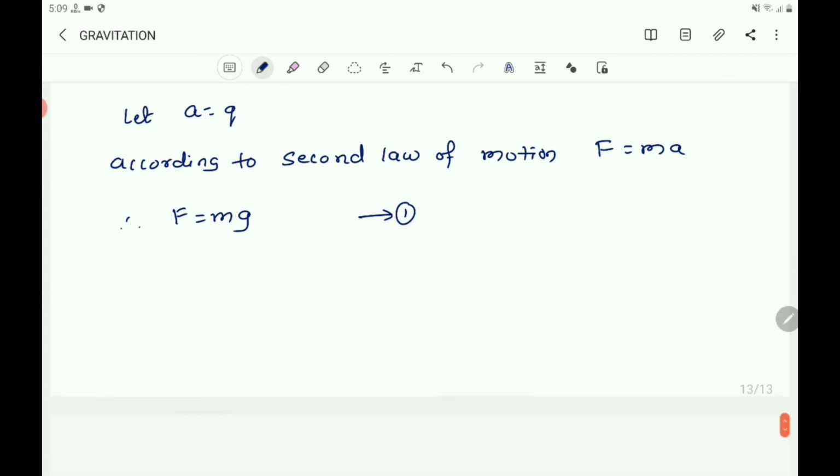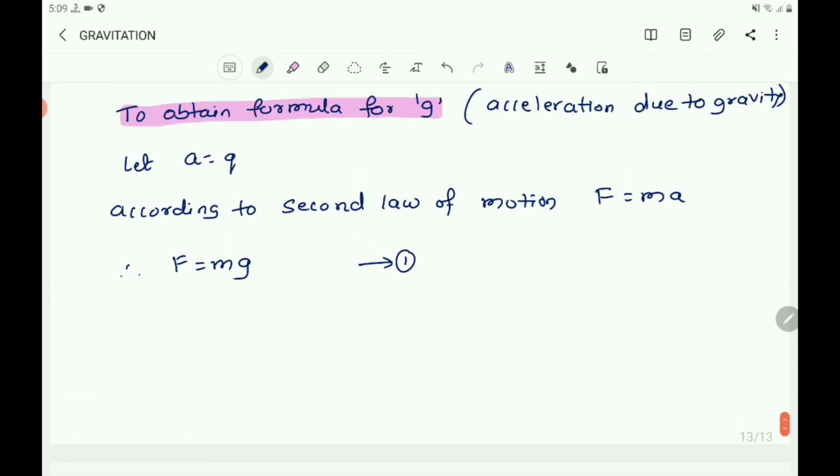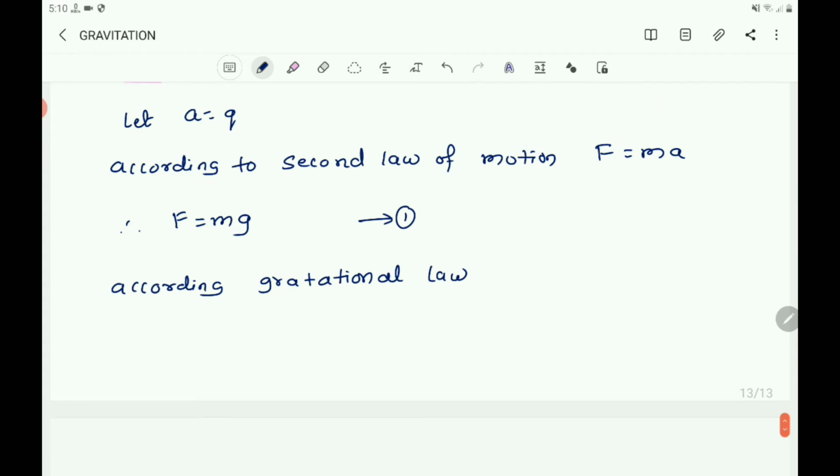Then according to Newton's law of gravitation, the universal law of gravitation, you write that F equals G M m by d square.